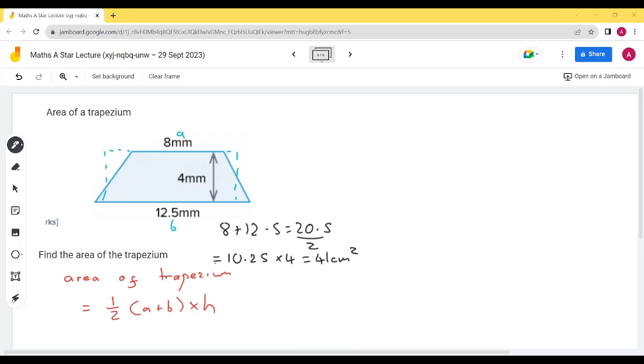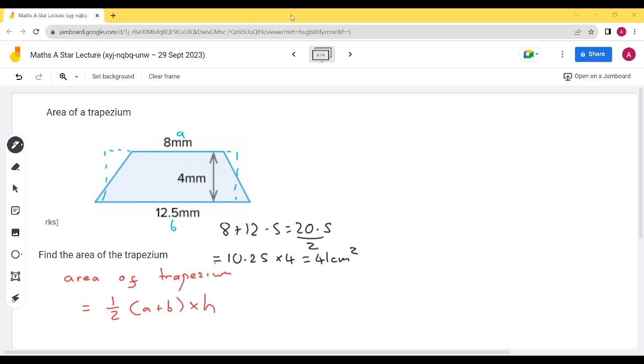And so that's all there is to it with a trapezium, making sure you know that equation. I've seen it come up in slightly more fiddly questions along the way, but that's the main thing. And if you understand that, you should be able to solve questions to do with trapeziums.